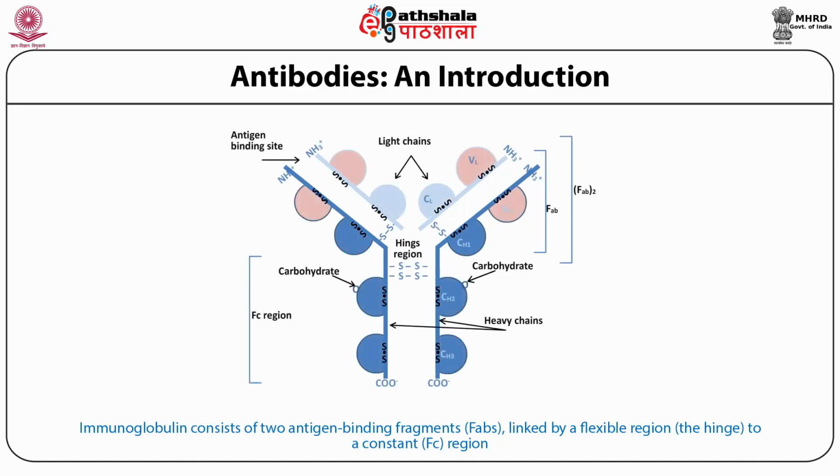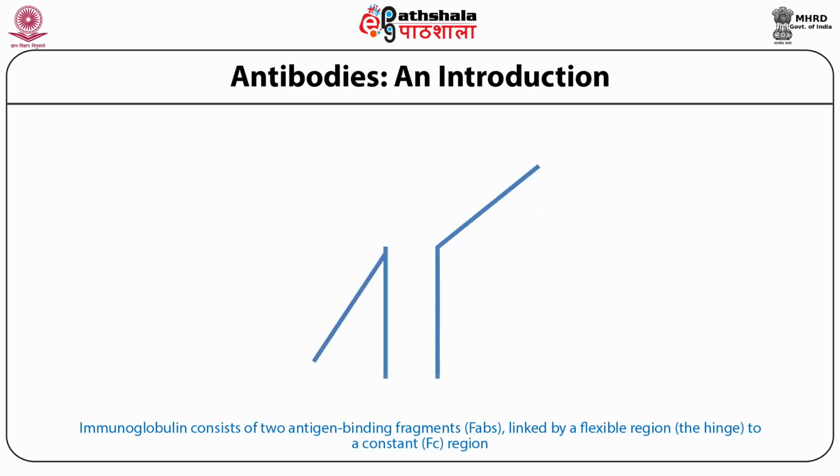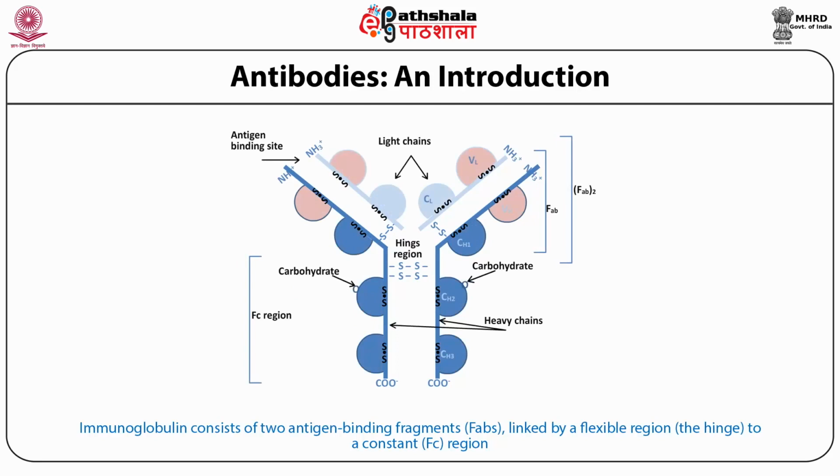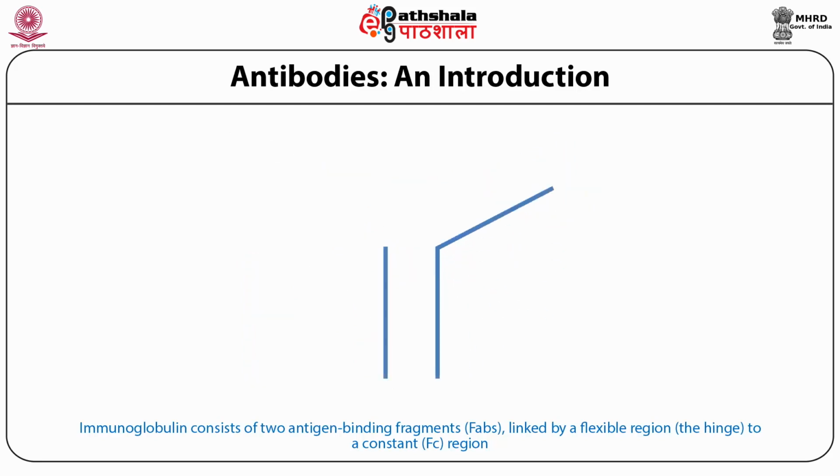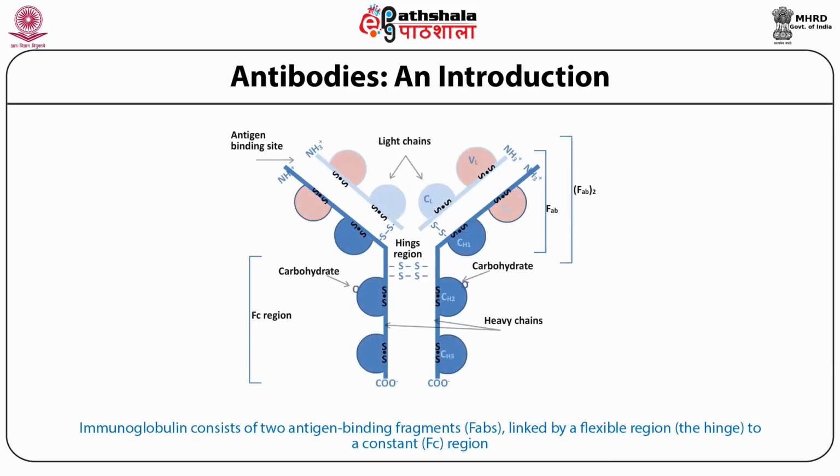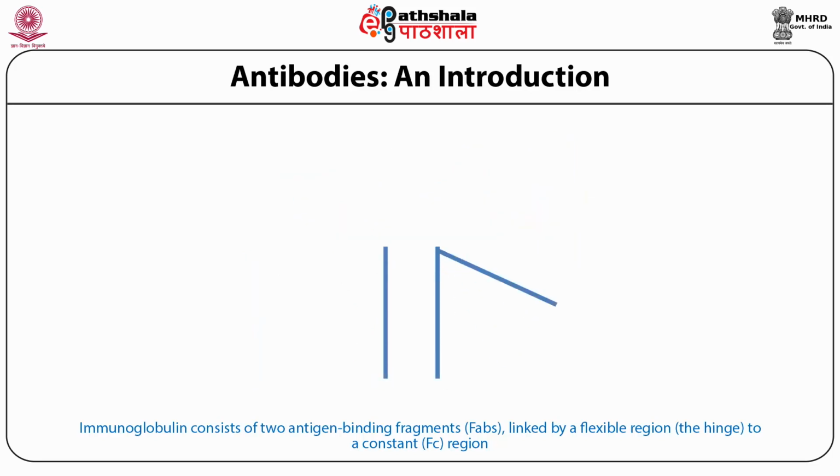This structure comprises two pairs of polypeptide chains. Each pair contains a heavy and a light chain of different sizes, which means that this molecule is a homodimer of a heterodimer. The heterodimer is composed of a light chain and a heavy chain.